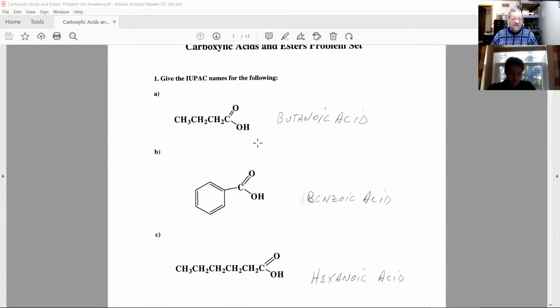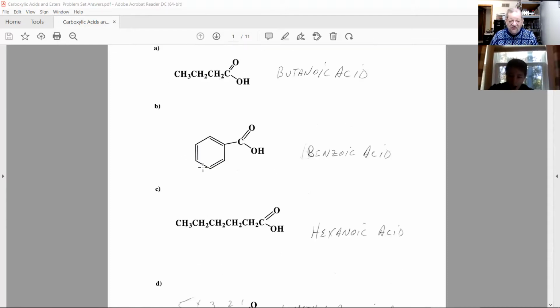All right, now we look here, carboxylic acid. How do you name that? Find the longest chain, 4 carbons with the carbonyl carbon, carbon double bond oxygen, name that as an alkane, butane, drop the E, add OIC and the word acid.